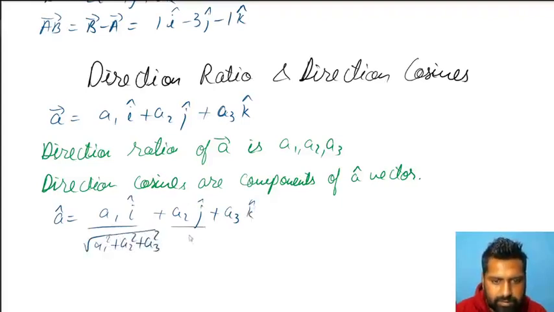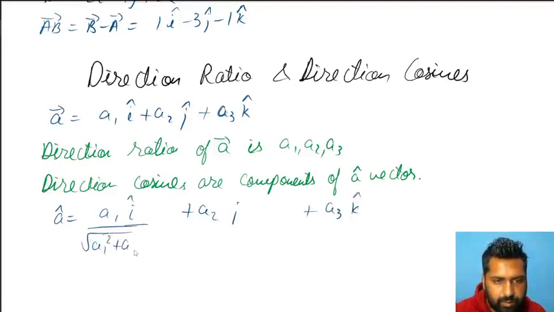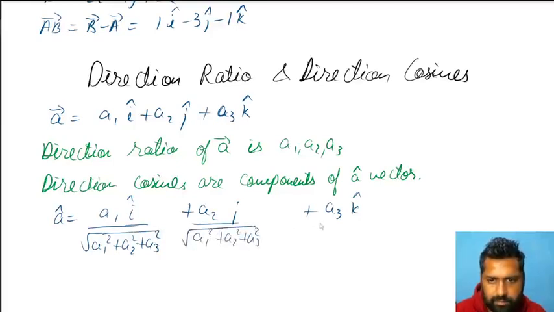Okay, this one also same thing. So I'll need more space. It will require more space. So A1i, A2j, A3k, and each component will be divided by the magnitude, that is root A1 square, A2 square, A3 square.